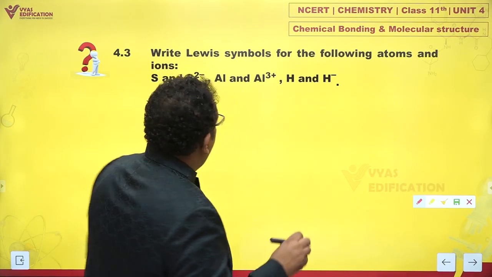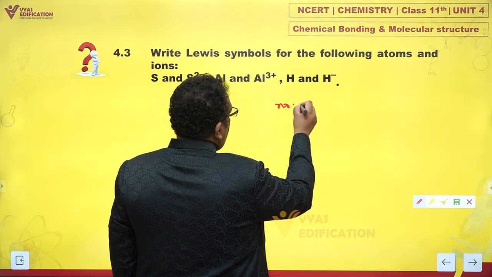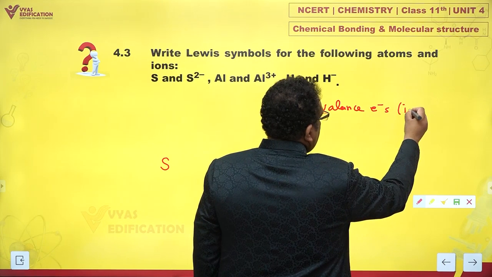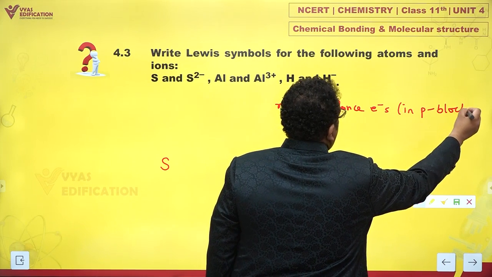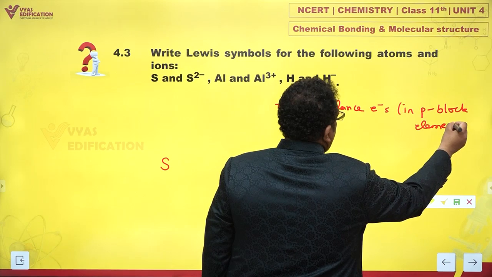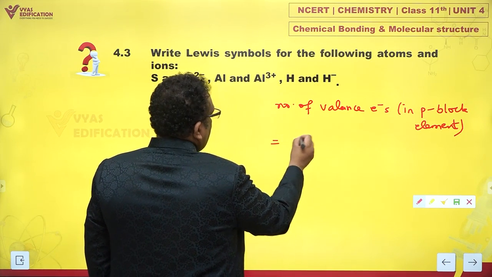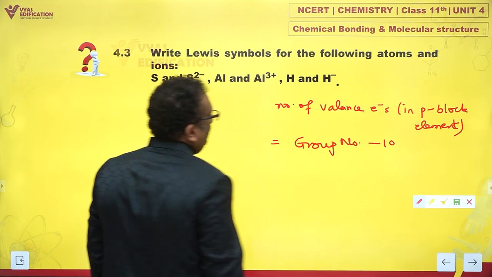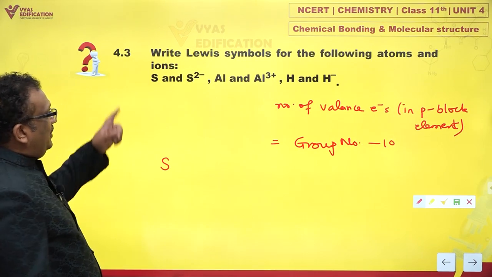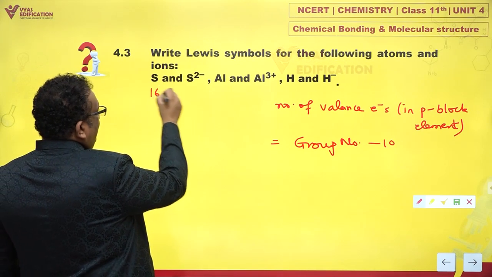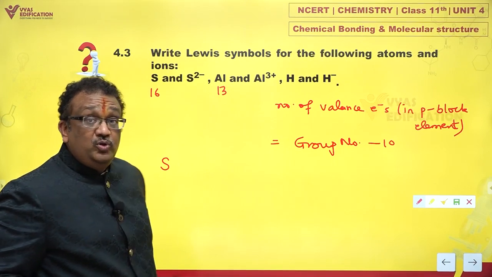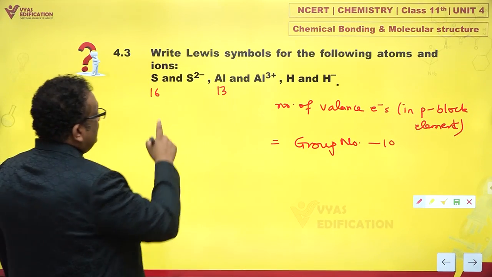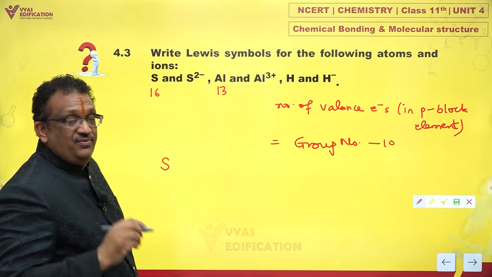And there is a formula: the number of valence electrons in a P block element is group number minus 10. The group number for sulfur is 16, for aluminum 13, and both belong to P block. So for sulfur, 16 minus 10, I have 6 valence electrons.